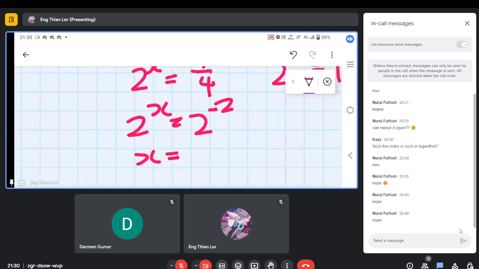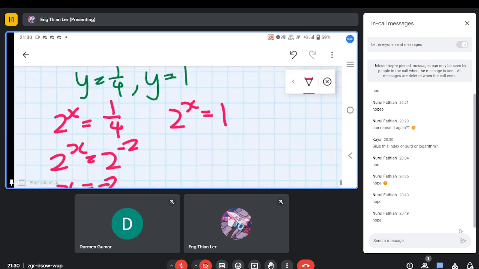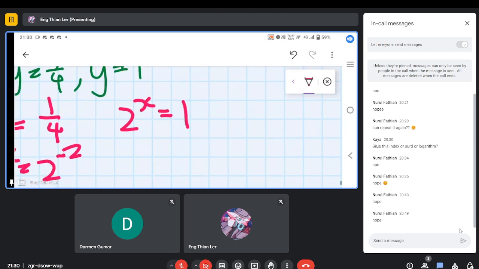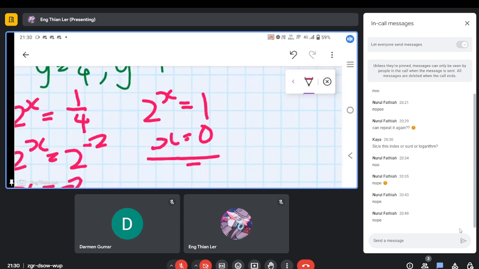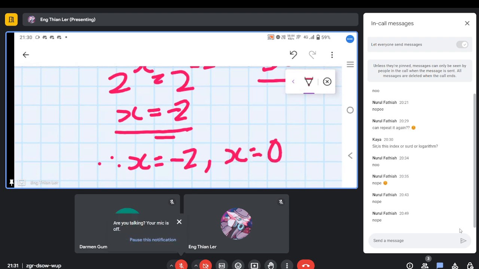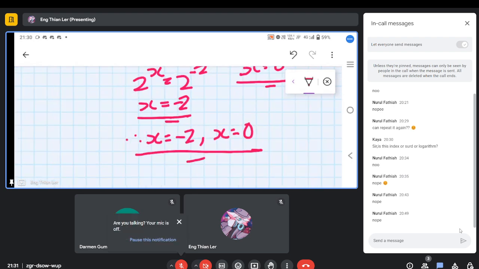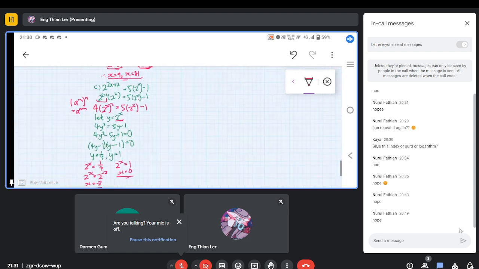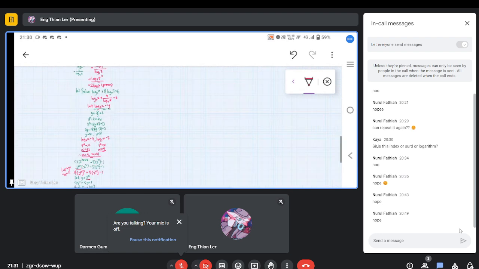So x equal to negative 2. And 2 to the power x equal to 1, there is no other solution but x equal to 0. So conclusion, x equal to negative 2, x equal to 0. And that's it. That's probably everything I have for today.